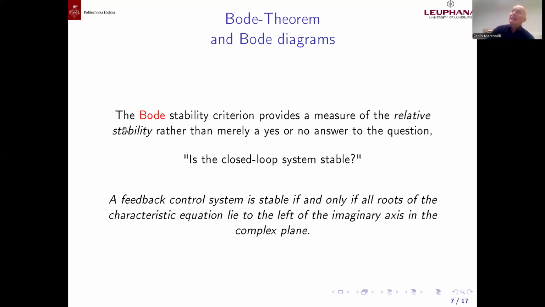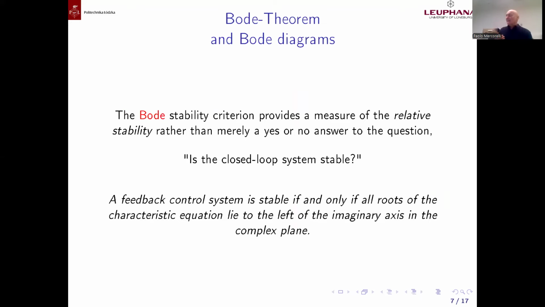Why provide a relative stability criterion? Because starting from the open loop, we can analyze if the closed loop is stable or not stable, but somehow it states how stable it is. It's a little bit strange, because a system is either stable or not stable.